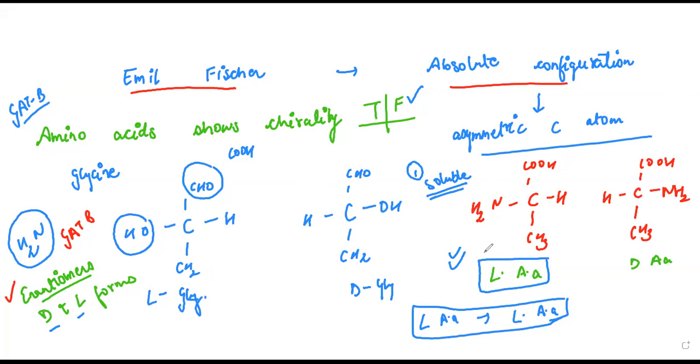There is an exception to this also. I'm telling in the next slide. I said L amino acids are present only, but there is an exception. In some bacteria, D amino acids are present and they also code for proteins.